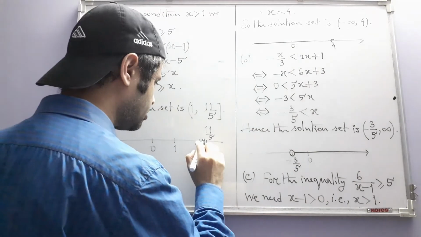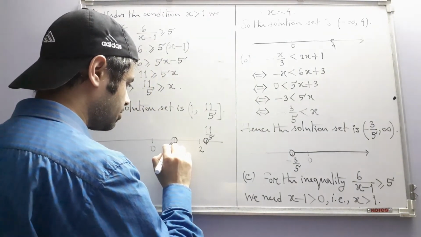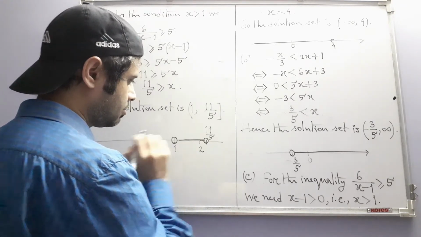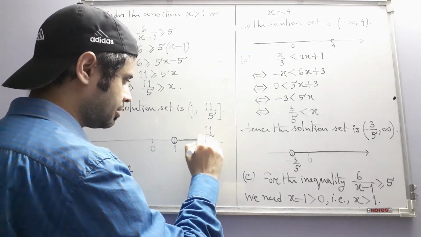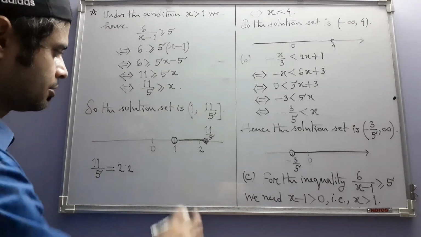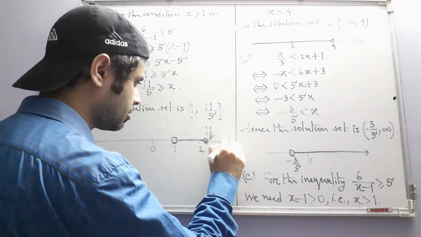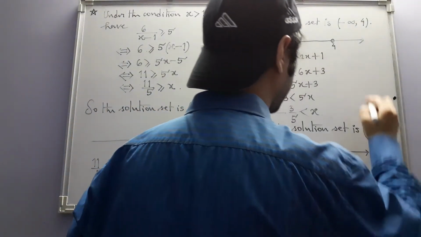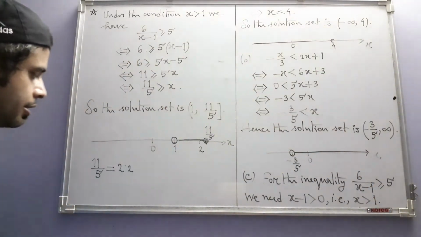And the solution set will be the set of all points lying between 1 and 11 by 5, including the point 11 by 5 also. So this is the graph of the solution set on the real line. If you want, you can write an x here to show the positive side of the x-axis.